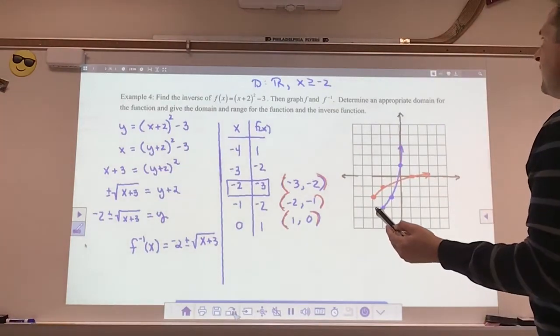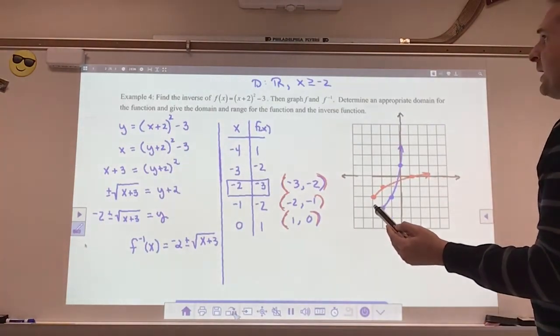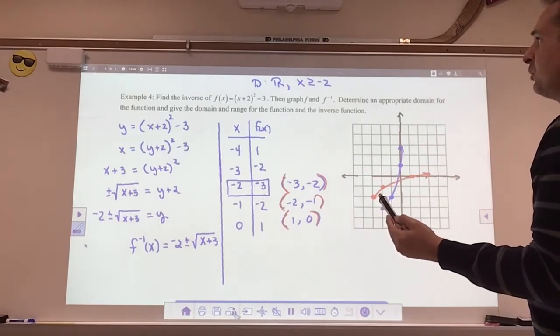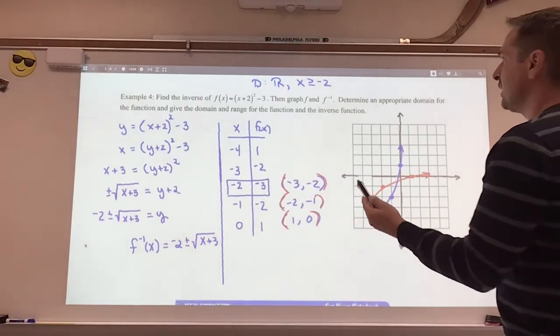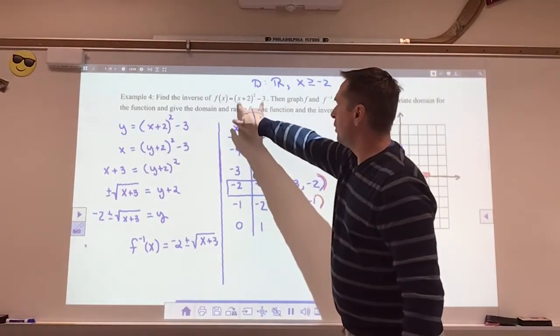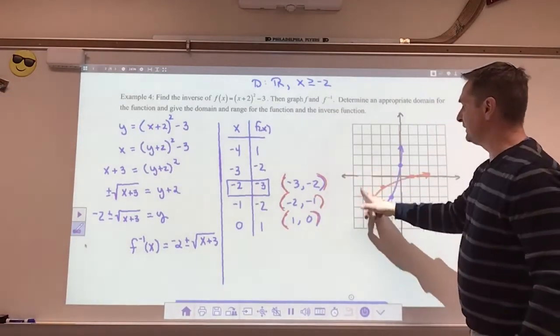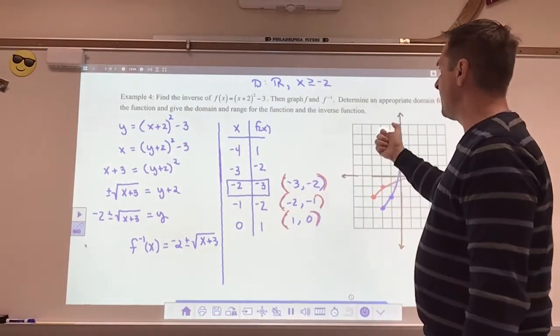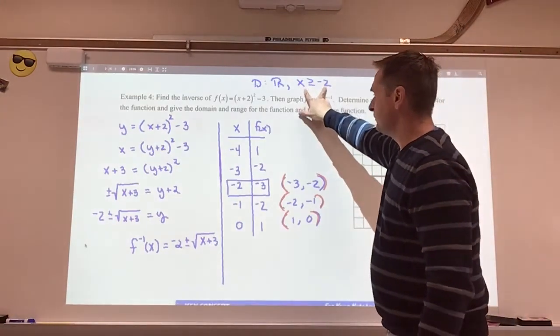And let's see, determine an appropriate domain for the function, and give the domain and range for the function and the inverse of the function. Okay, so the domain for the given function, the blue original before I erased it, is all real numbers. But now, for it to have an inverse, we've restricted the domain.